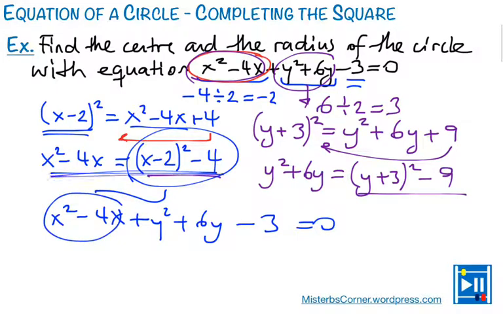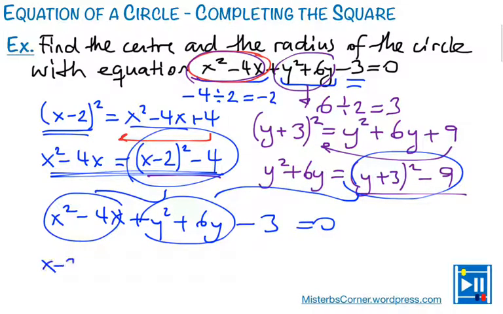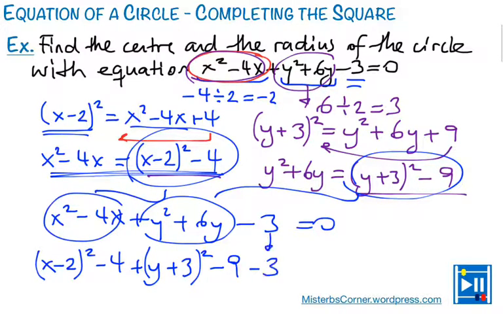You can see the equation. And I'm going to write this for this bit. So it will change into (x - 2)² - 4 + (y + 3)² - 9. And then I have -3 here as a copy paste, right?